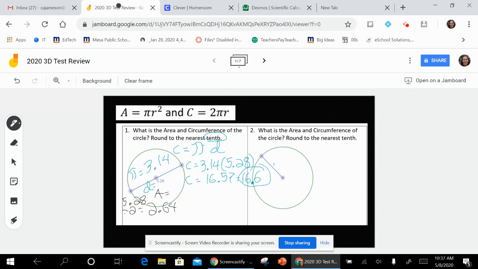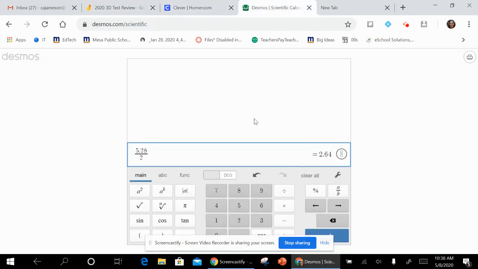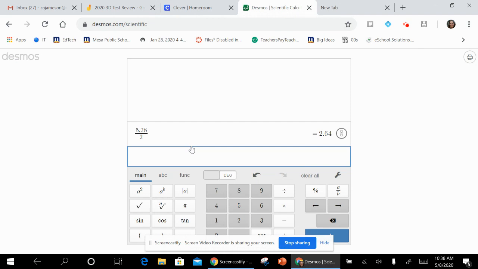So that's our area. We're going to do area: it's going to be 3.14 times 2.64 squared. That has to be squared. On this one, if I press enter, it lets you go to the next one. And then we go times 2.64, and it's right here, the a squared.